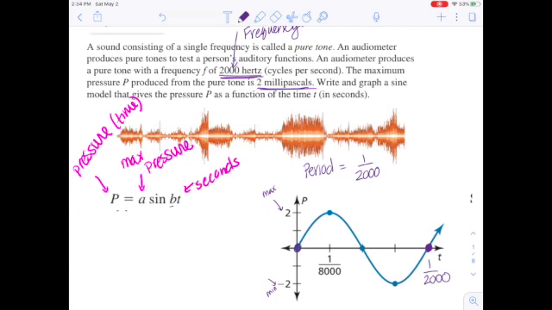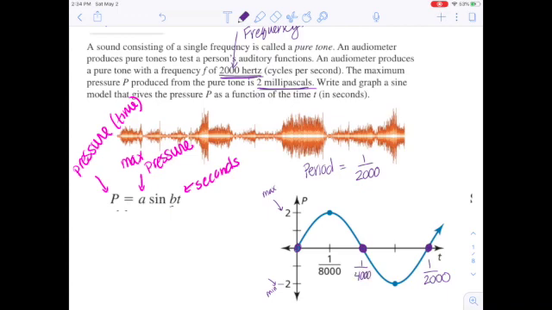Then you can get your other critical points, like your middle x-intercept, which will be halfway between 0 and 1 over 2000, which would be 1 over 4000.